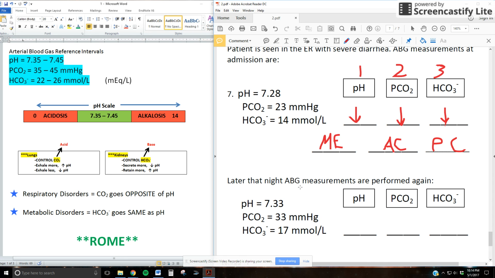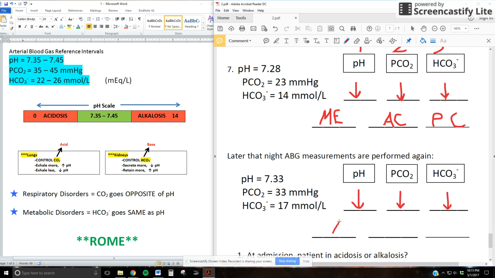Well, later that night, the ABG measurements are performed again. Okay, well, just go through it. 7.33, still decreased. PCO2, 33, still decreased, but a little better. Bicarbonate, 17, still decreased, but higher than it was.